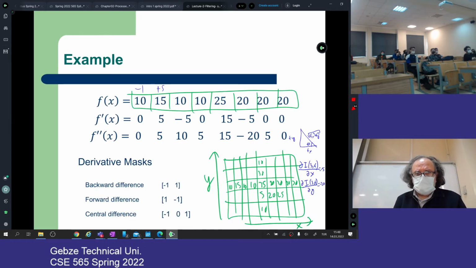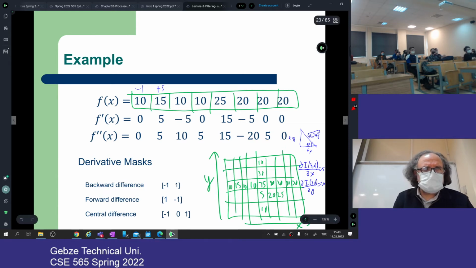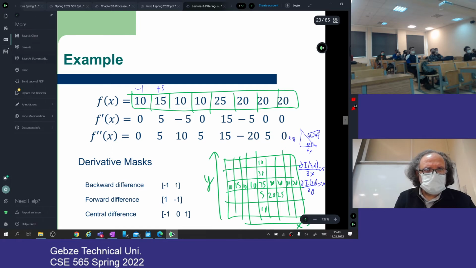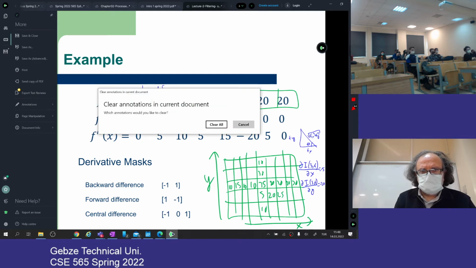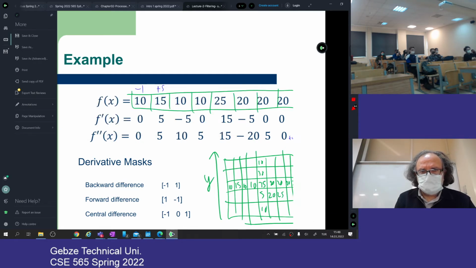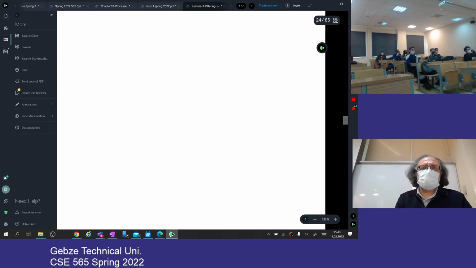Here are some examples of derivatives with forward differences. I did lots of exercises last year, I guess. I am going to erase them. Okay, good.